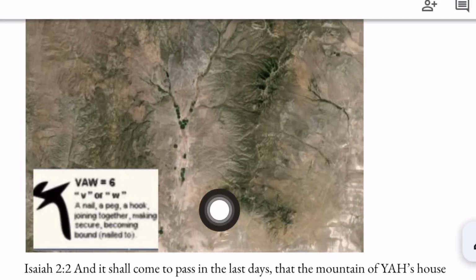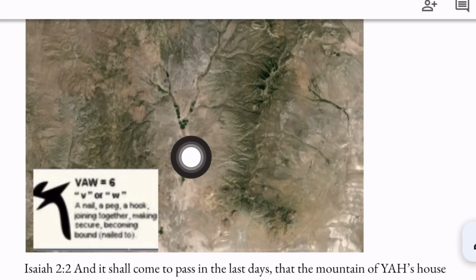This is going to be the city forever. When we go back to the land, guess what? Jerusalem will never fall. This city will never, ever go away. This city will be established, the only city to ever be established for all eternity. Do you understand?